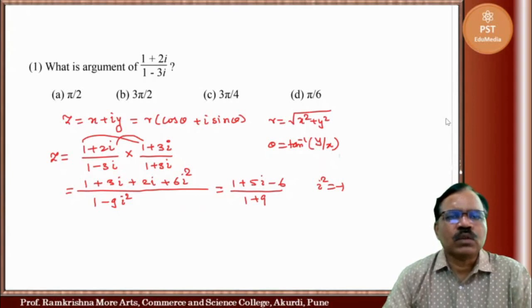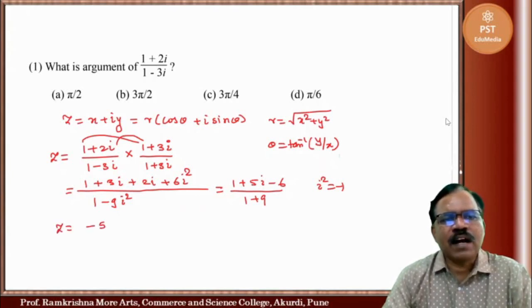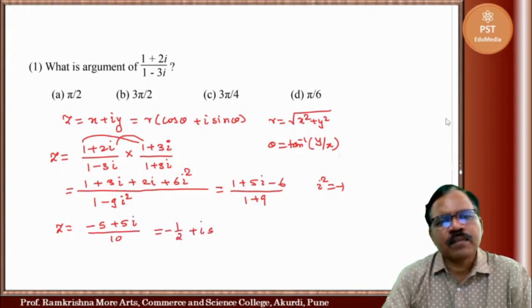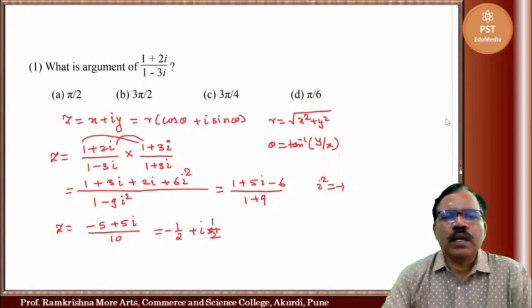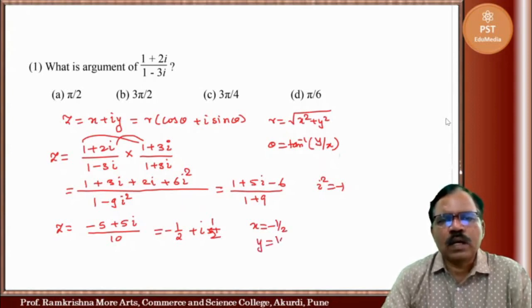because i square is equal to minus 1. So z is equal to (minus 5 plus 5i) whole divided by 10, or it is equal to minus 1/2 plus i into 1/2. So x is equal to minus 1/2, y is equal to 1/2.